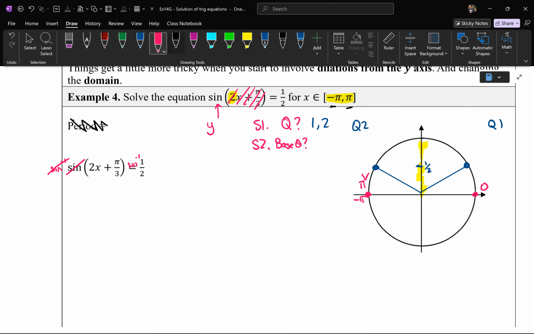So I should be up to this step where I have 2x plus pi on 3 is equal to sine inverse of half. So this is what I'm asking. What's my base angle? Sine inverse of half is the same thing as saying, what angle? What angle will give me half? So go through your exact values. Which angle will give you half? Sine of what? Sine of which finger?